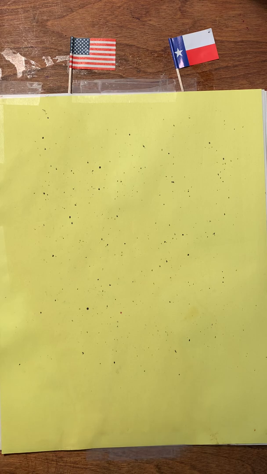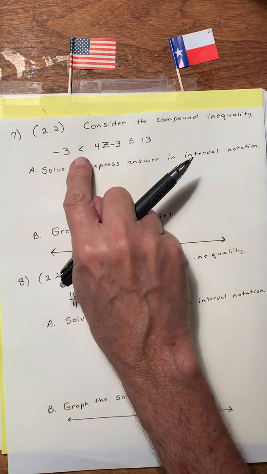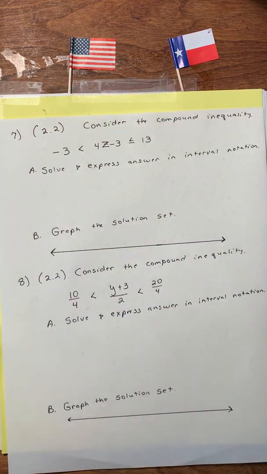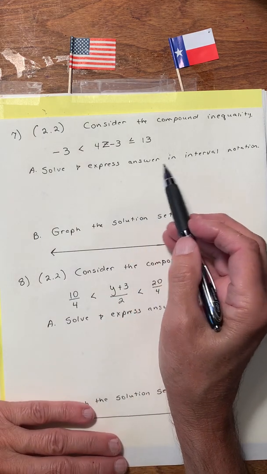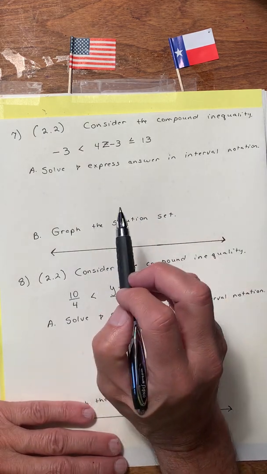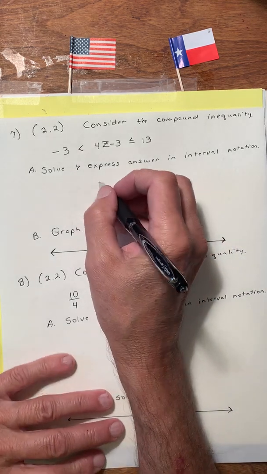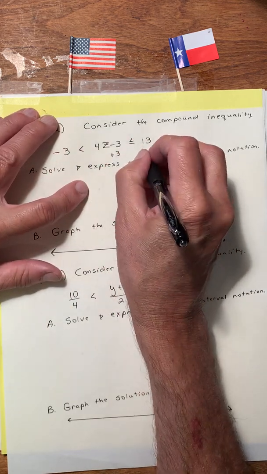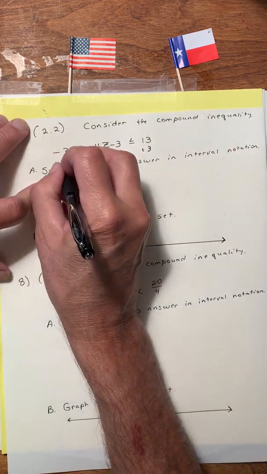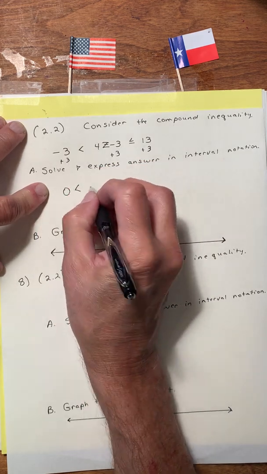All right, consider the compound inequality, sometimes called a double inequality. You see why? It's got two inequality symbols in it. First thing it says is solve and express your answer in interval notation. All right, solve means get the z by itself, so let's do that first. Let's add 3, not to both sides, but to all three parts. I get 0.